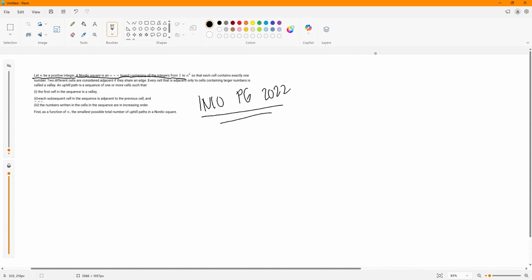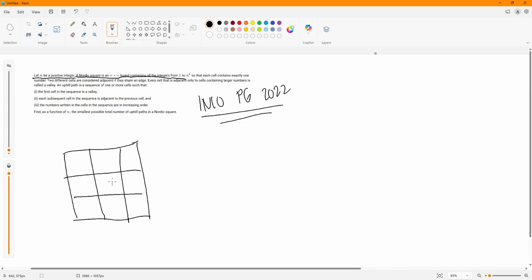Okay, let's define or maybe interpret these rules carefully. Let's have n equals 3, so that's gonna be numbers 1 to 9.